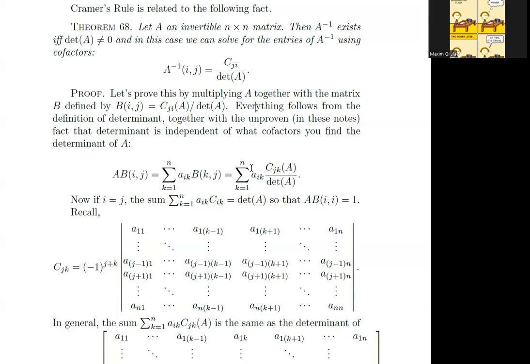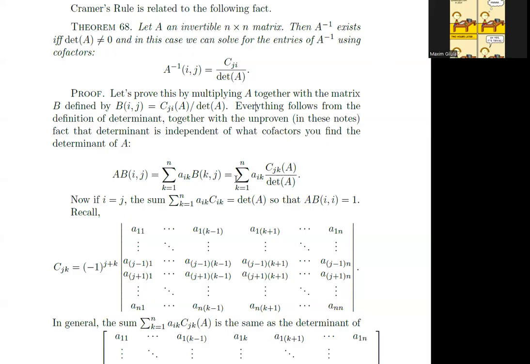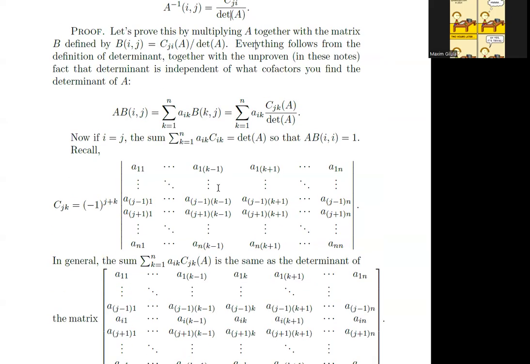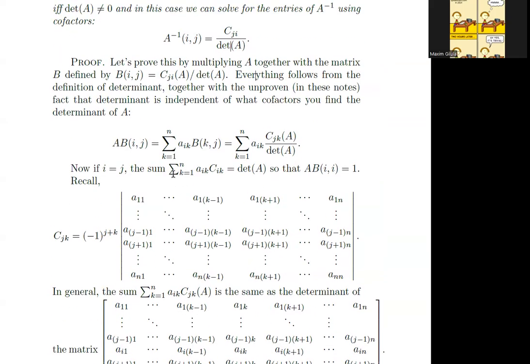Then this is equal to this sum. And the BKJs are just defined by this. So I replace JI with K. And I plug this in. Here's what you get. Now, if I equals J, then this sum is exactly determinant of A by the theorem.